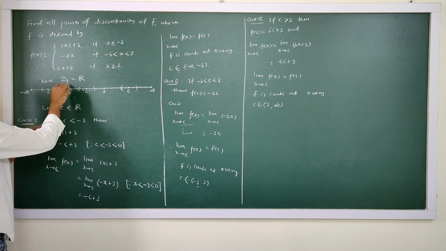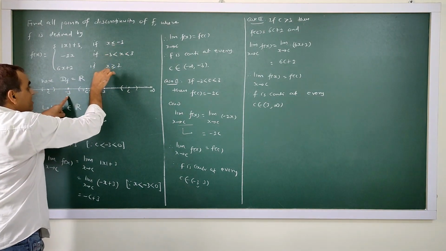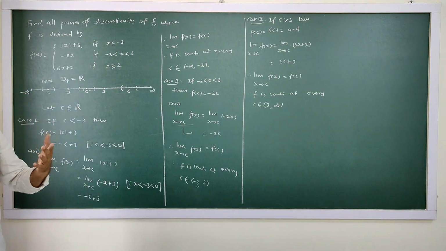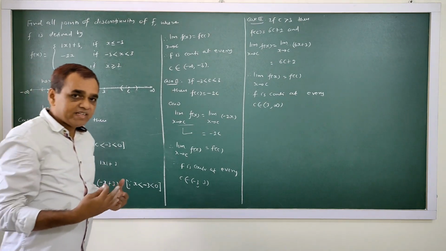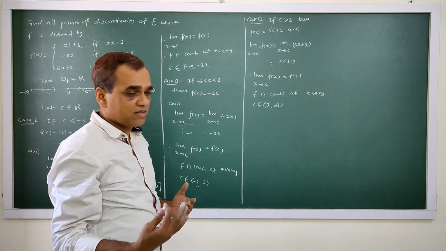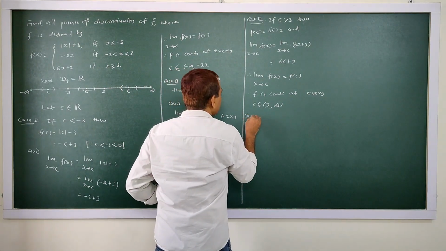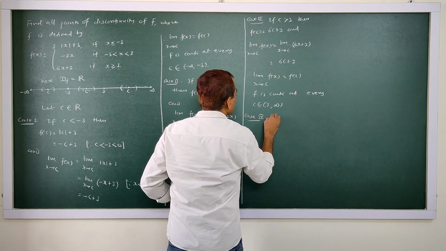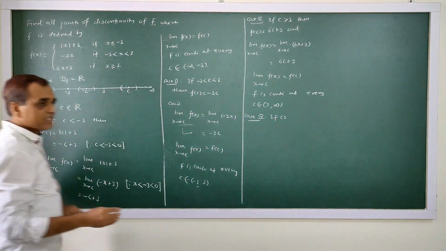Now we check continuity at -3 and 3. At -3 and 3 the function is changing formula. So we shall find the left hand limit, right hand limit and f of c. So that is case 4. If c is -3, we check continuity at -3.